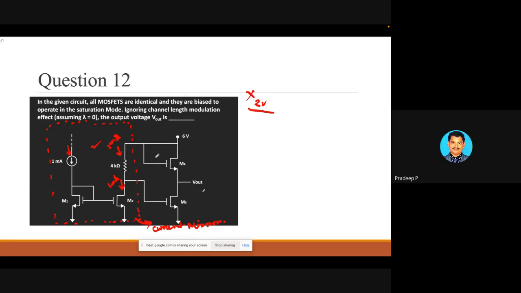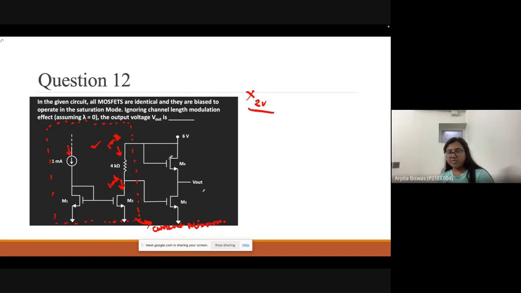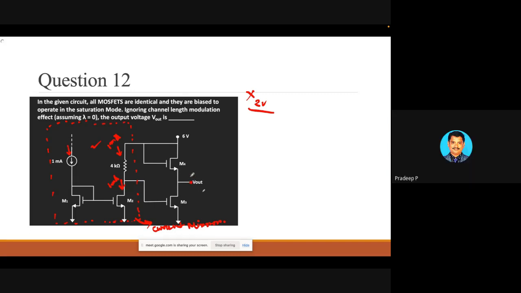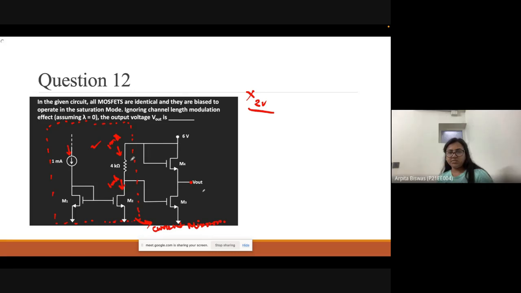So 4 volts. Now are you getting any clue how to calculate this V output? 6 minus 4 volts, we will get, madam. Here 6 is connected, minus that one.